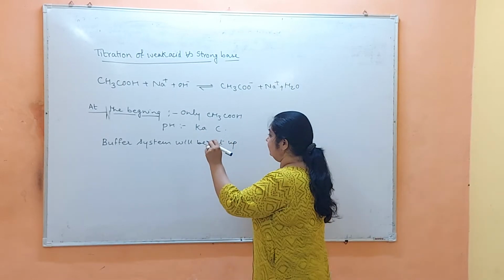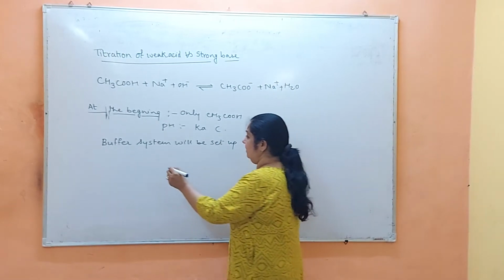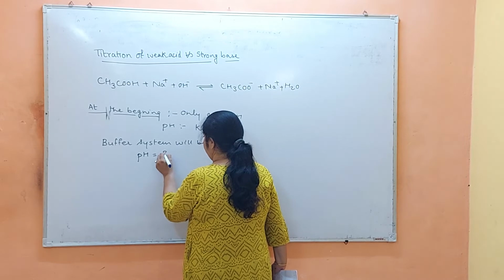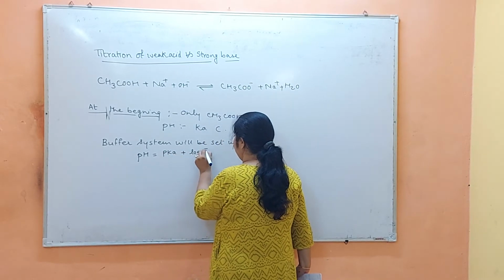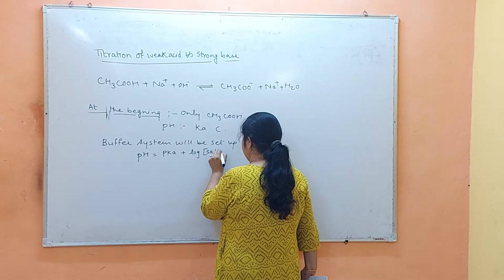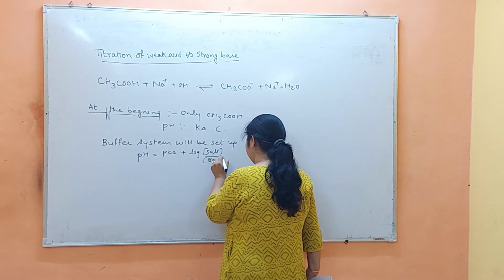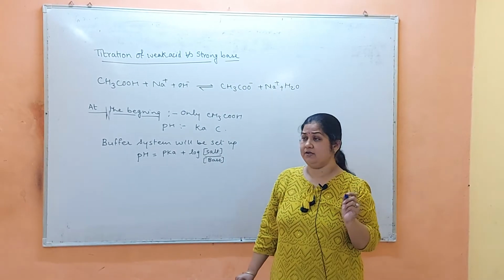So, in case of buffer system, we are going to use Henderson's equation: pH is equal to pKa plus log of concentration of salt by concentration of acid. Now, one thing should be clear, that strong bases are never pipetted out.